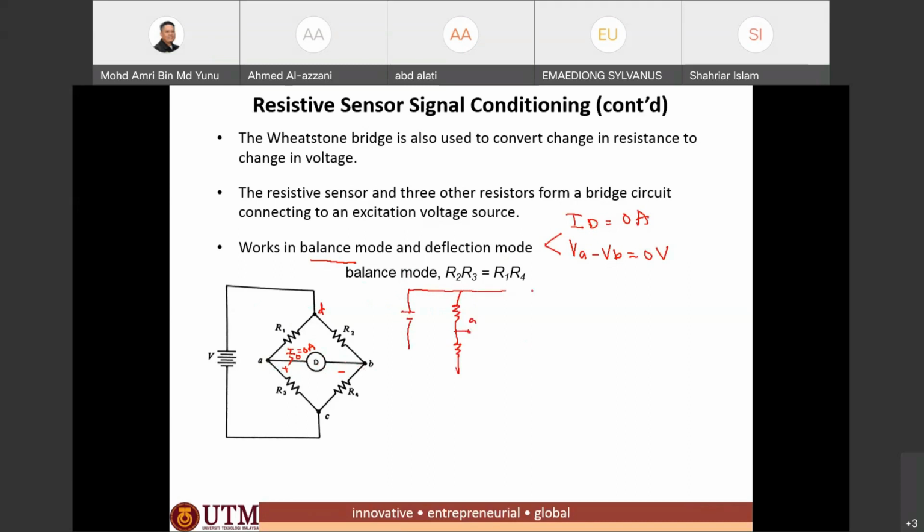A, B, R1, R2, R3, and R4. So this is our input. So you can find VA here and VB.